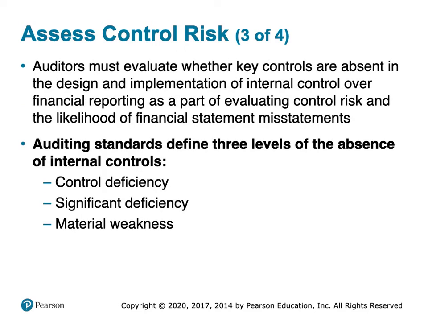So the next thing we'll do is we'll look at whether key controls were absent, whether the design and implementation really prevent errors. A lot of times companies will continue doing controls, or individuals will continue doing controls even though they've implemented new systems or processes. So those controls are no longer effective.